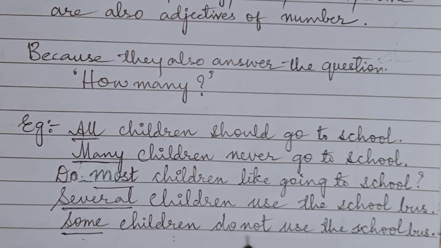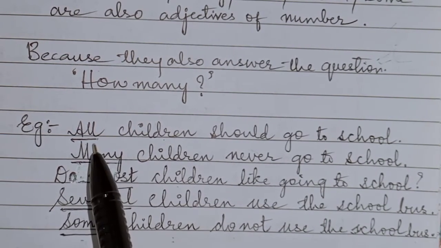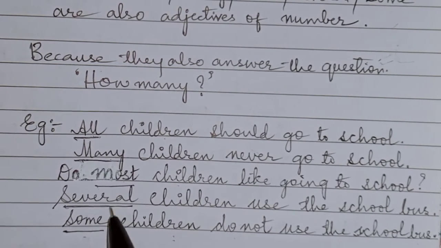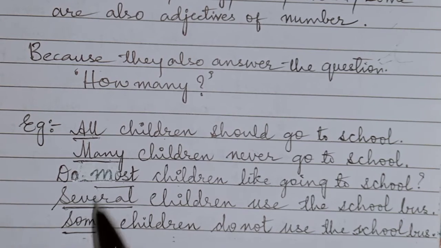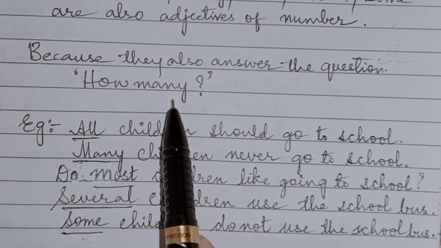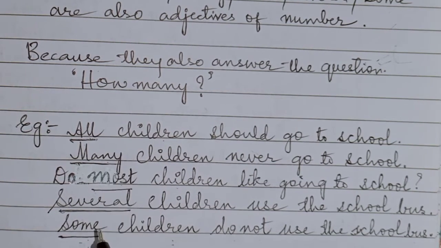So, dear children, all, many, most, several, some. These all are examples of how many. That is, they are used with countable nouns.